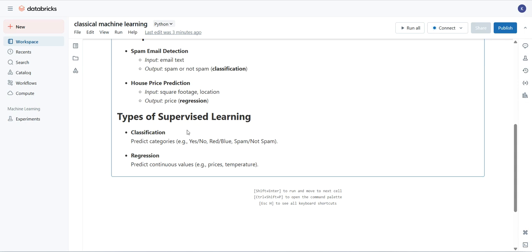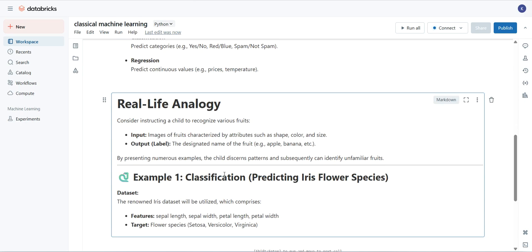Everything understood till now? Let me move on. Now a real-life analogy. Consider instructing a child to recognize various fruits. The input is an image of a fruit, characterized by attributes such as shape, color, and size.